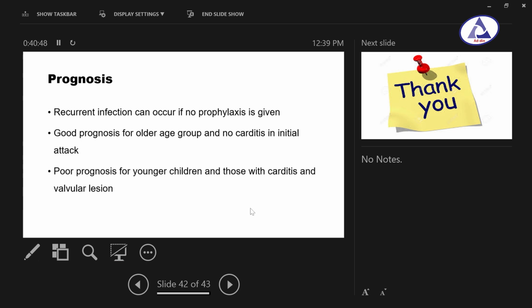If you don't treat the patient with prophylaxis, then recurrent infection can occur and heart damage occurs. Okay? Then good prognosis for older age group and no carditis in initial attack. If the initial attack has no carditis or only indolent carditis, there is good prognosis in older age group, and poor prognosis for younger age group and those with carditis and valvular lesion.